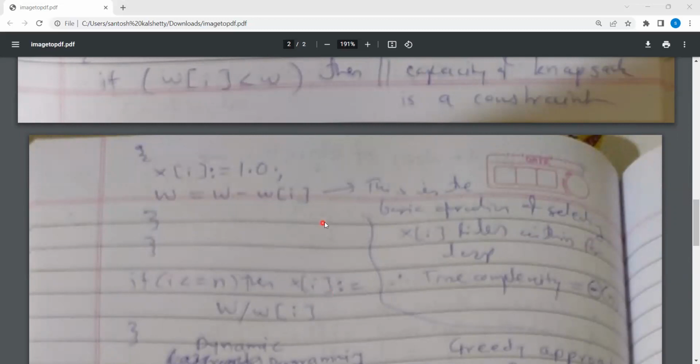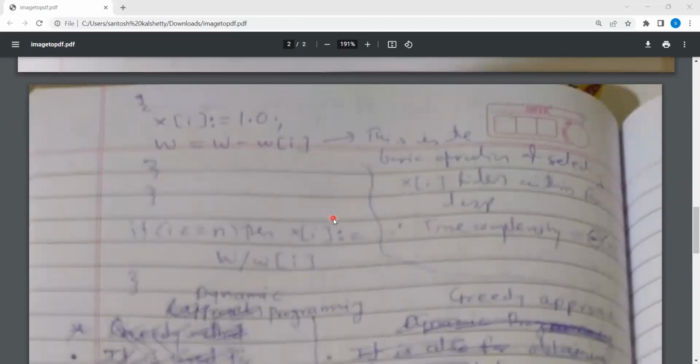W is the total size of knapsack. This is the basic operation of selecting x[i] inside the for loop. Therefore, time complexity is big O of n.